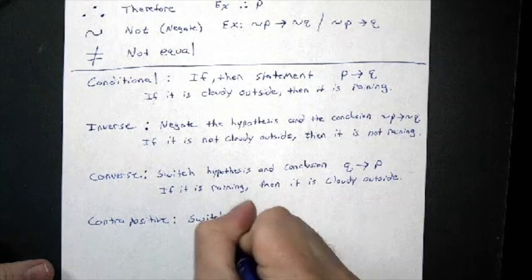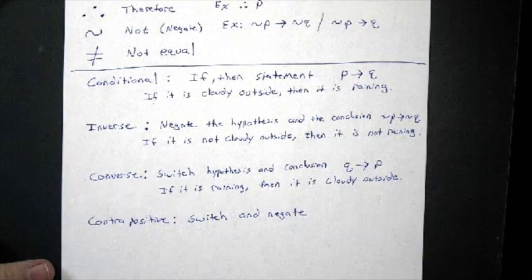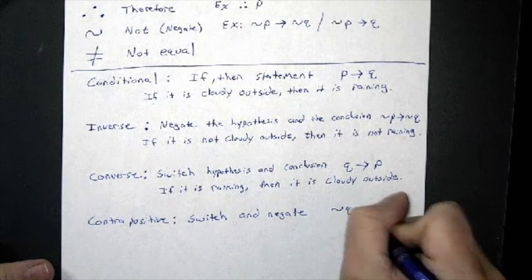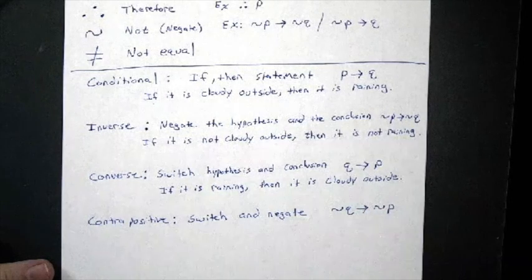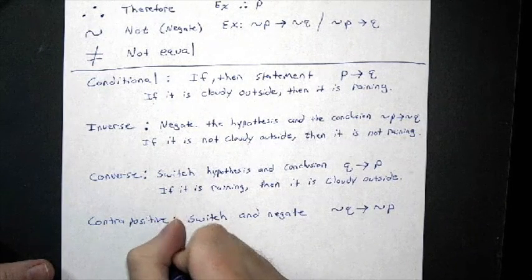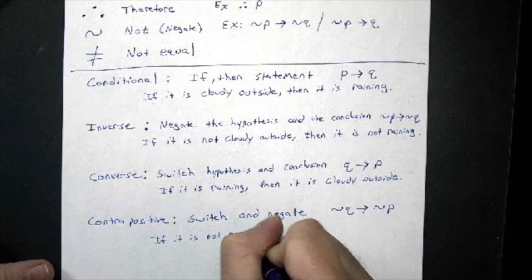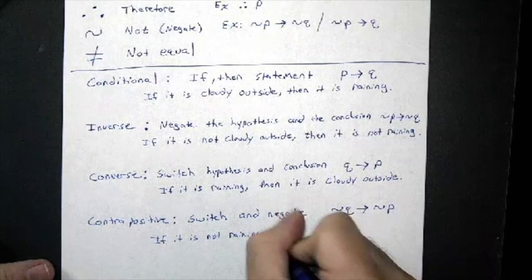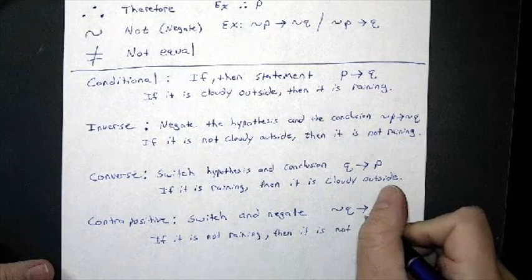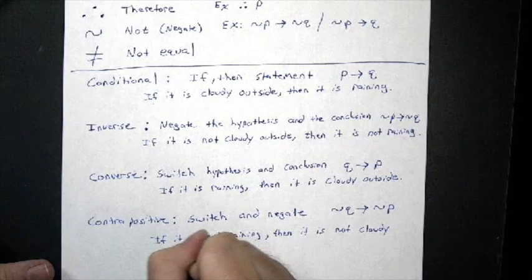And finally, the contrapositive. So for the contrapositive, we're going to switch and negate the original conditional statement. And in symbolic form, that's going to be if not Q, then not P. So using our original conditional statement, we're going to switch it and negate it, and we're going to say if it is not raining, then it is not cloudy outside.